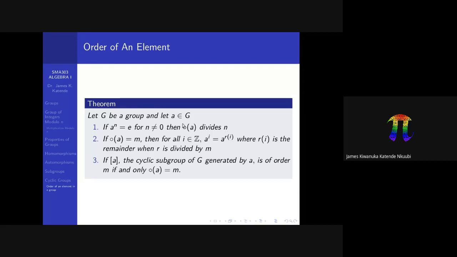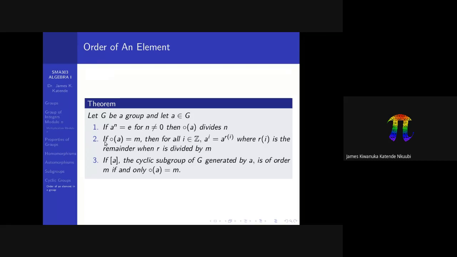Remember the definition: the order of A is the smallest positive integer such that A raised to that integer is equal to the identity in the group. So this first part says that if A raised to some non-zero integer is equal to the identity, then the order of A will divide that n.